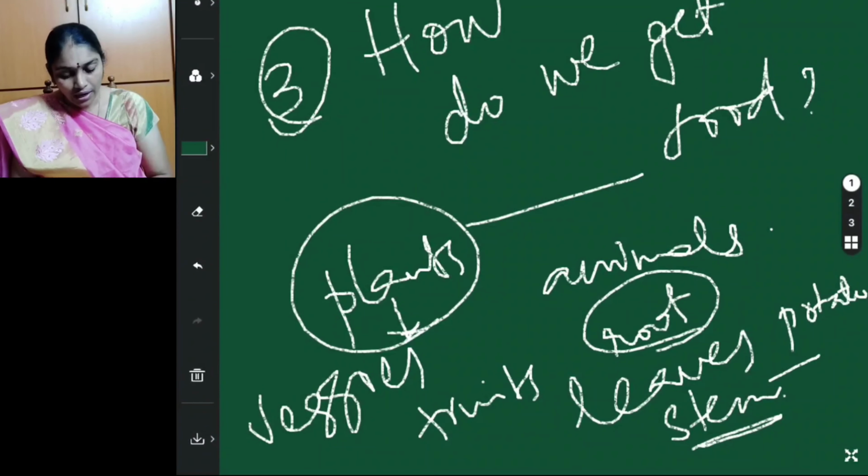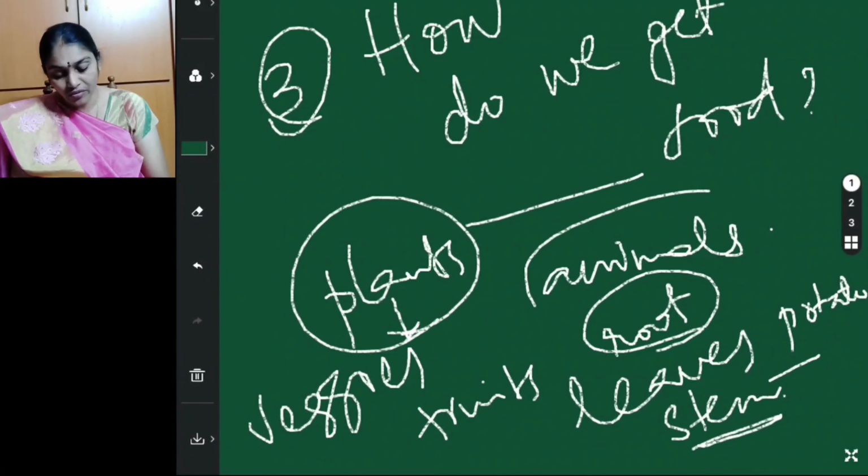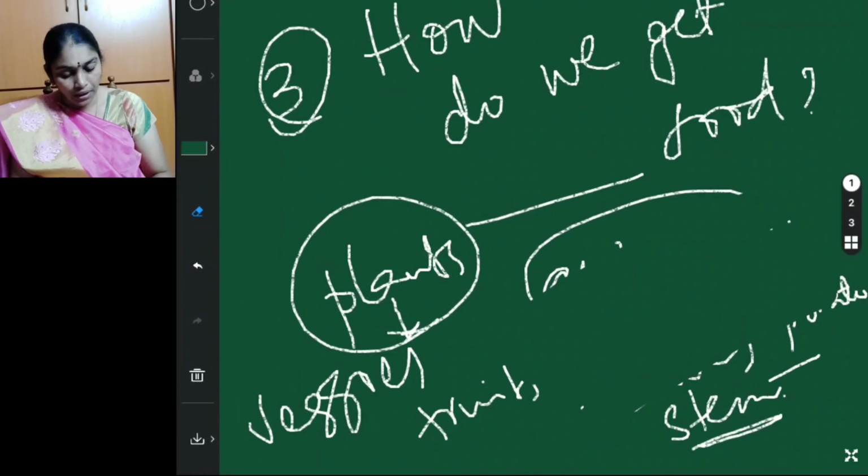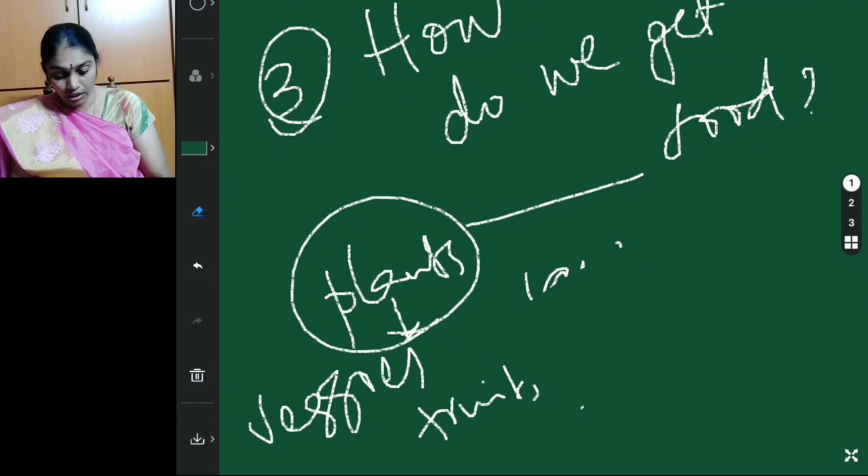So we are getting food in the form of roots or leaves or stem, or sometimes even fruits also. We are getting food from animals also in the form of milk, eggs, meat, and sometimes even honey.